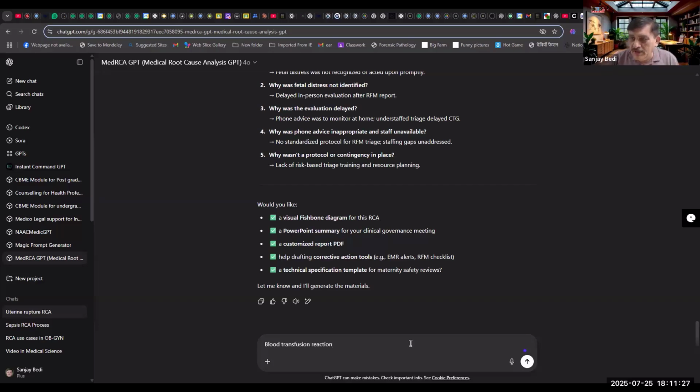That is why this tool has been created, and it will be ideal if the whole case record is presented. But for demonstration purposes, I am just showing you this. In a real case scenario, we can have the whole case record.